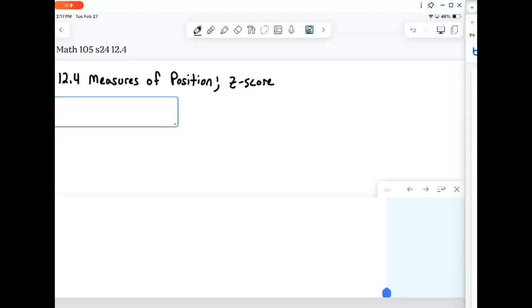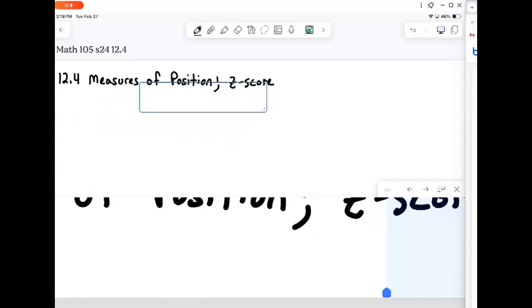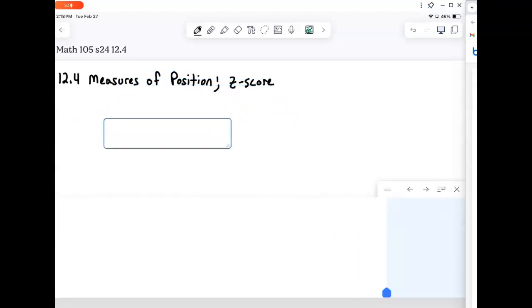They do this a lot of times with children in their early years, talking about their height and weight as far as what percentile they're at, whether they're above or below the average. Okay, that's one way to talk about that. And we will see how to get percentiles in the next section.